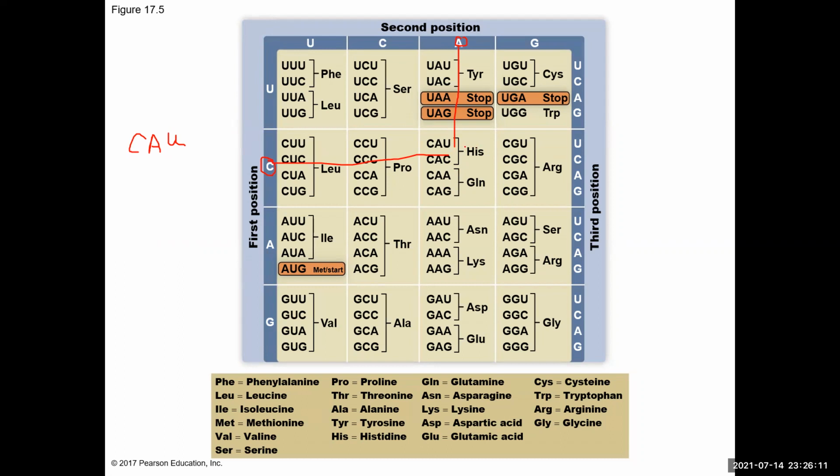Then we would look in this box for CAU, which is here. And so CAU codes for histidine, right? And so let's do another one. Let's do AUC.